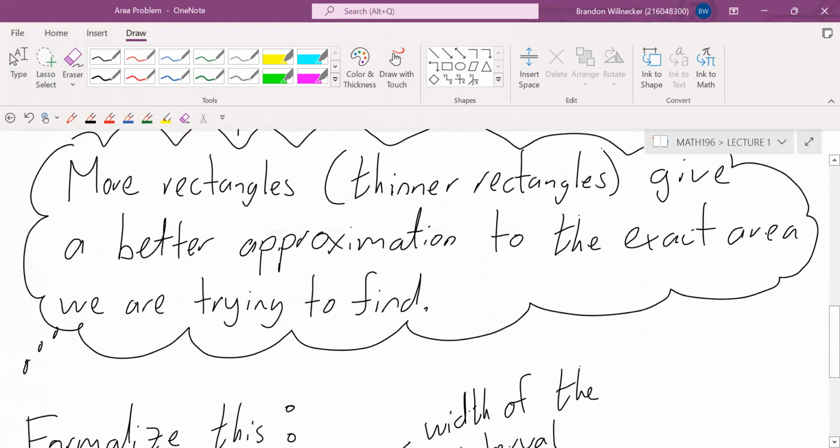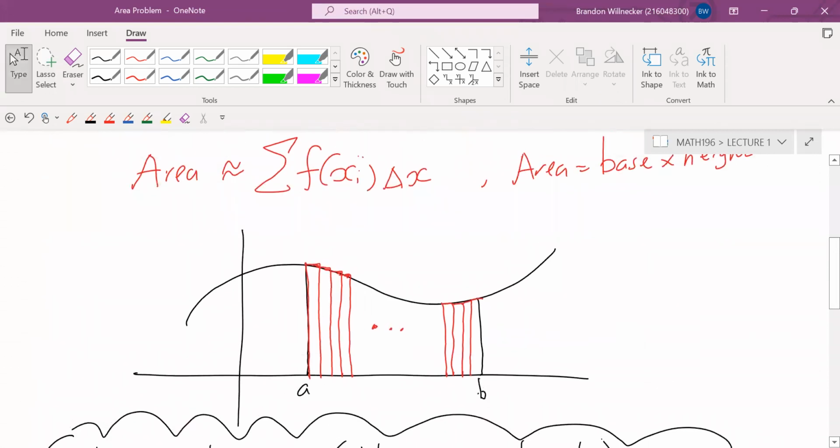Well, if we go back to our picture here, we start at A. So at x equals A, we start there, and we are going to hop along until we get to B. Each hop from one rectangle to another is a hop of width delta x, because each rectangle is delta x wide.